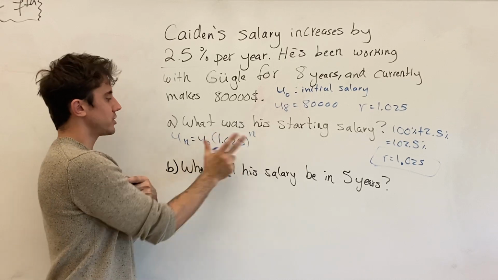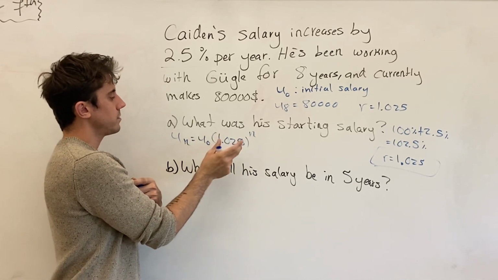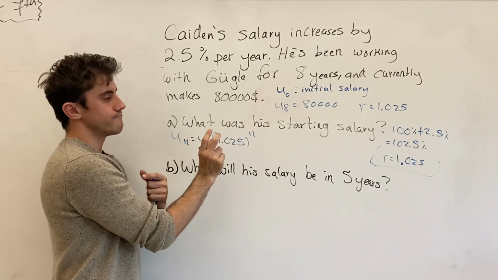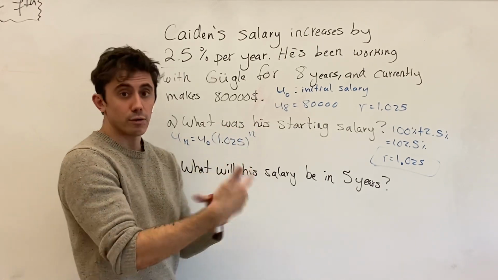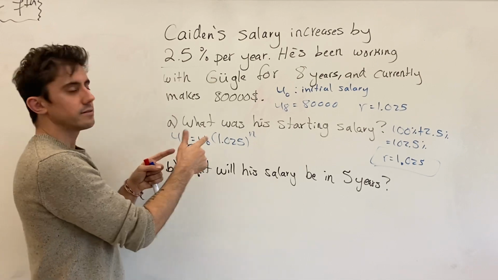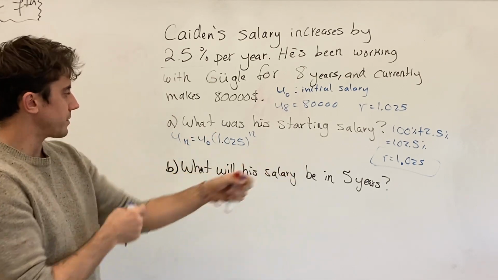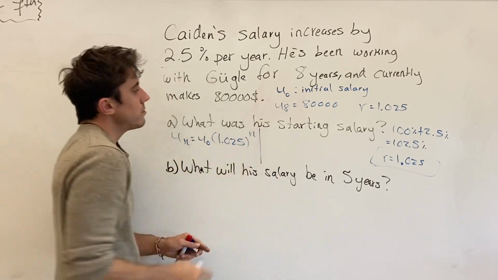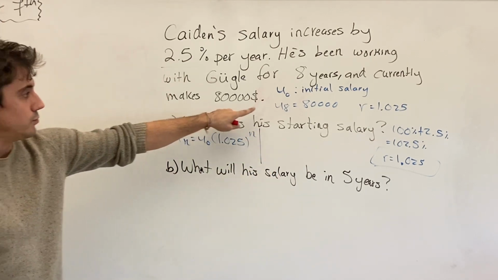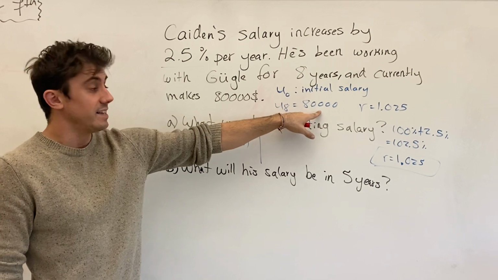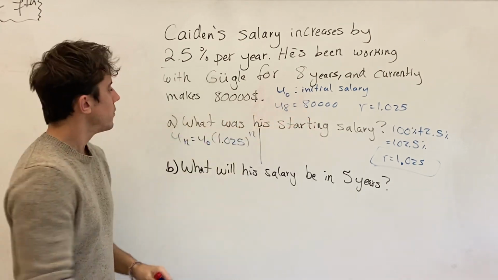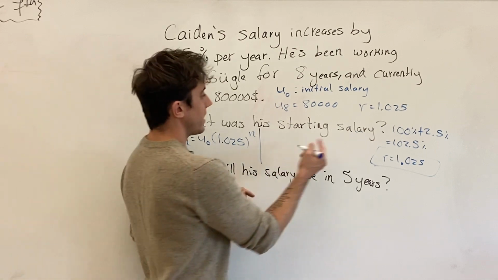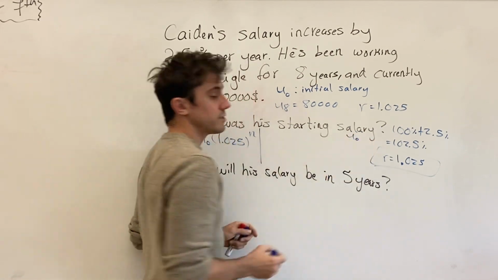There's always this relation between the starting point and the exponent, depending on the number of times we have to multiply to get to the nth term. Now we have our general formula. Since we know U8 is $80,000, we can find his initial starting salary by looking for U0.